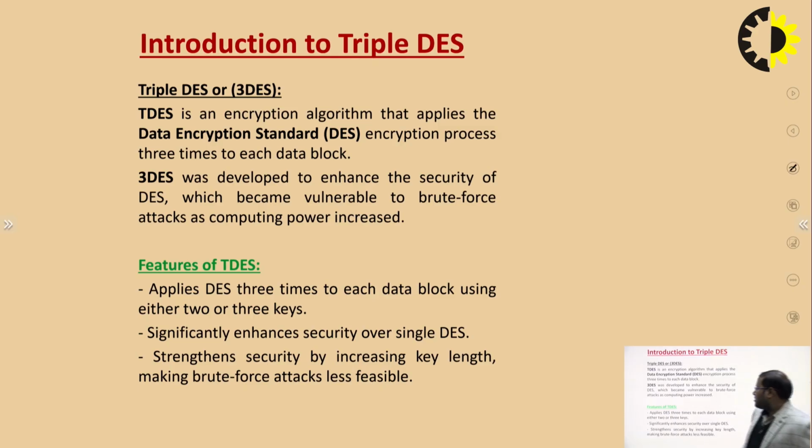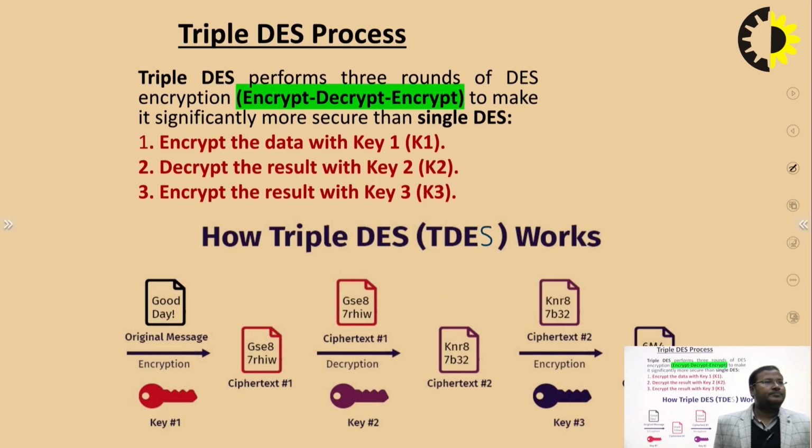And the main features of triple DES are: it applies DES 3 times to each data block using either 2 or 3 keys, significantly enhances security over single DES and provides more security by increasing key length, making brute force attacks less feasible. So chances of brute force attacks will be minimum.